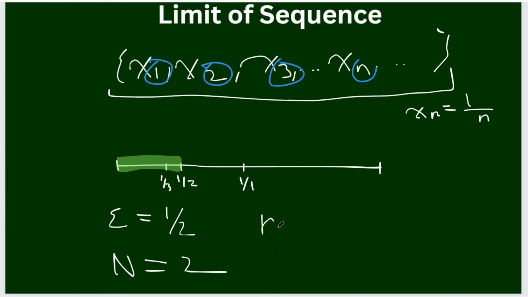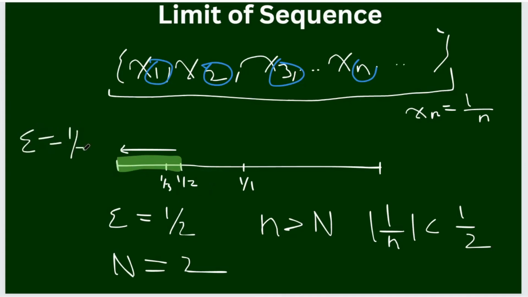And for any small n value that is greater than capital N, the 1 over n is going to be smaller than, in this case, 1/2. And here you can see that if you go towards the left, any value here is going to be smaller than 1 over 2. And you can also assume that epsilon is equal to 1/3, epsilon equals 1/4, and so on.